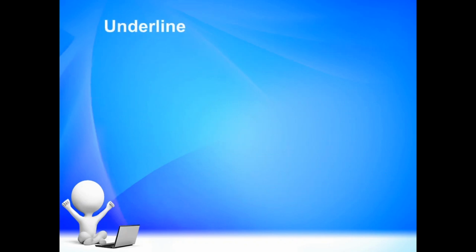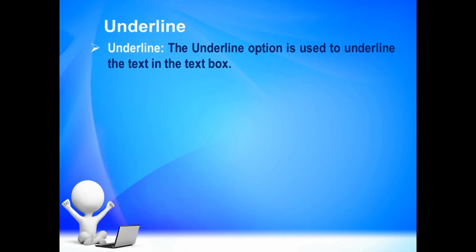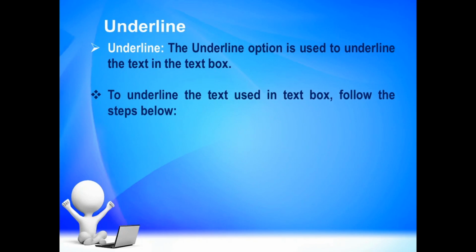Next, underline option. Underline option is used to underline the text in the text box. To underline the text used in text box, follow the given steps. Step 1. Select the text used in text box.